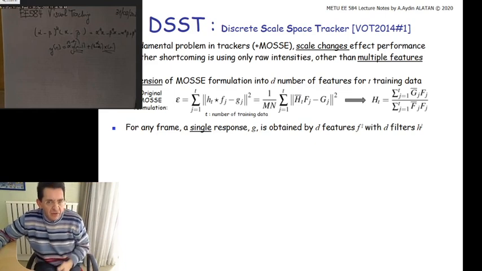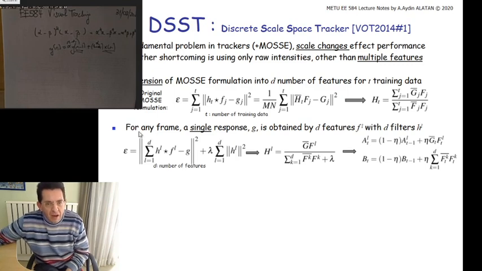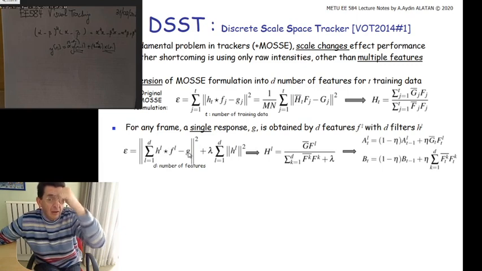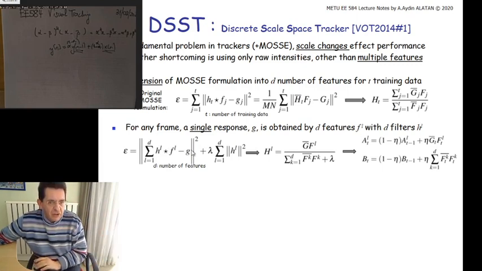This is the unknown shift, but in the training data, we know the location of the shift. If we extend this for a single T, for L from 1 to D features, HL, for every feature there is a filter. This is the feature. They are convolved and subtracted from a single response, because the position of the target is a fixed position. We know it.